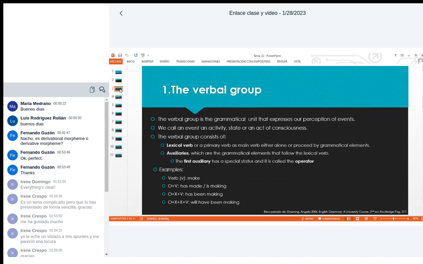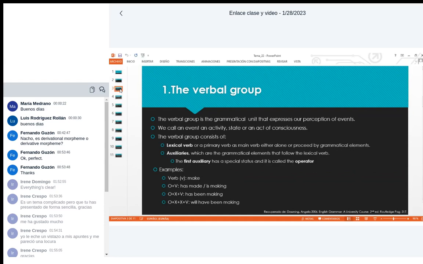And so what we use to express the time or the modality are the so-called primary auxiliaries. We use the auxiliaries, which are divided into the primary auxiliaries and the modal auxiliaries.